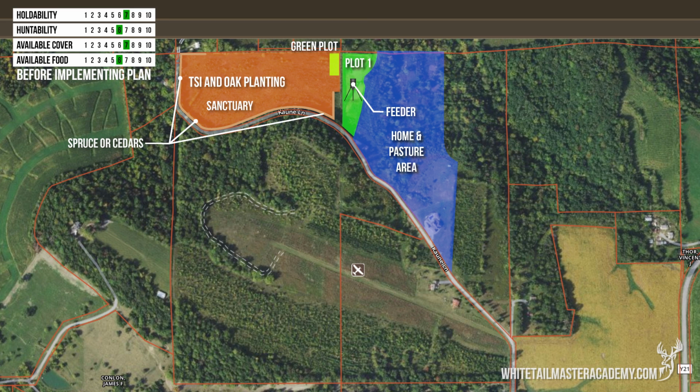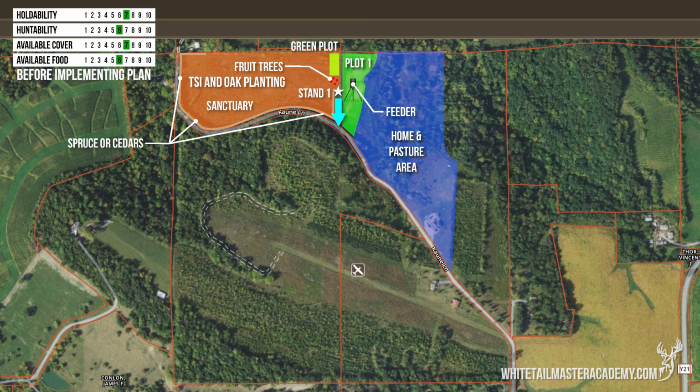And that blind is actually going to be called stand number 1. But that green plot is going to be like a kill plot, if you will. As the deer come out of that CRP tree planting, they will hit that green plot before going into that bigger food plot, which I'm going to suggest is planted in grains.